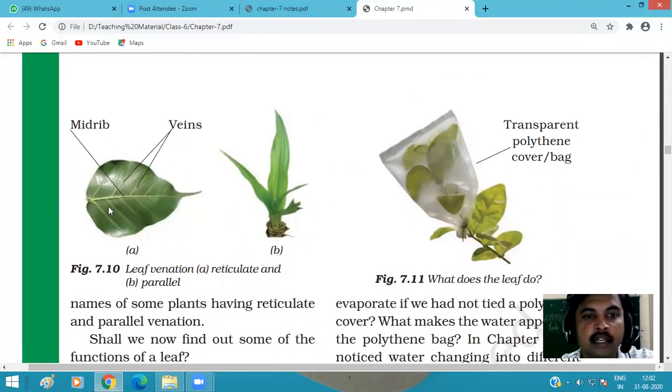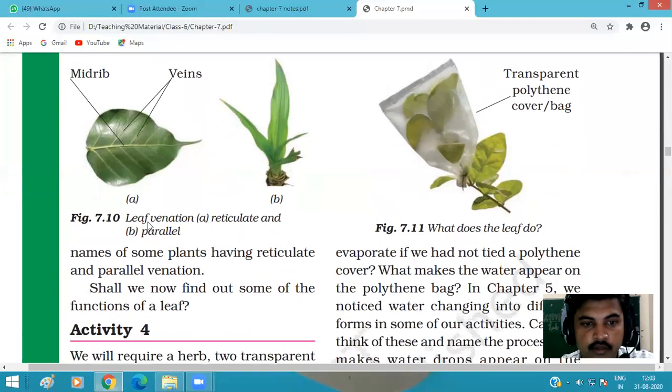I will show you another picture of a leaf. In this picture a central vein is present, which is connected by the petiole to the stem, and it is known as the midrib. The veins that branch off the midrib are called veins, so a network of veins is present on the leaves.